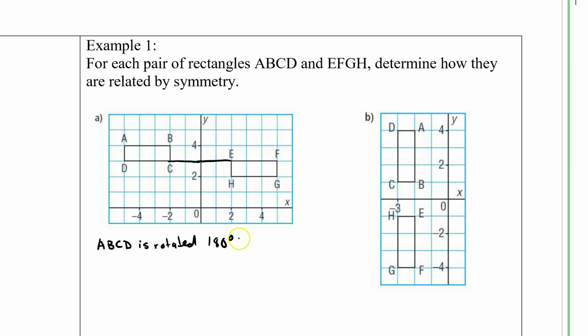Is rotated 180 degrees about this point that's right in the middle, let's call this one Z. Point Z, which is found at (0, 3), to create E, F, G, H. Because if I were to take this and it's like a flag, and I would swing it all around, I would find that the flag, instead of facing up here, is now facing down.